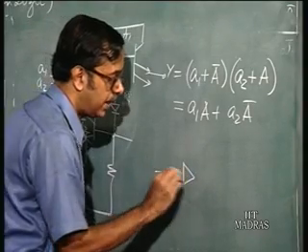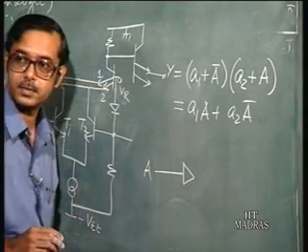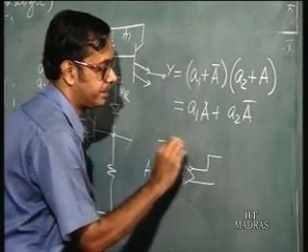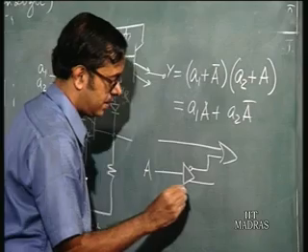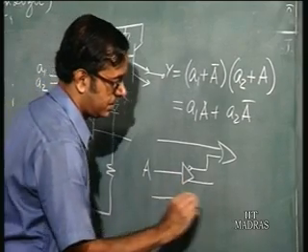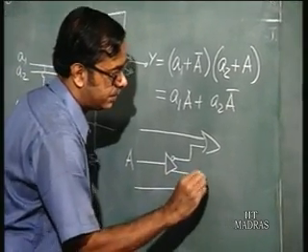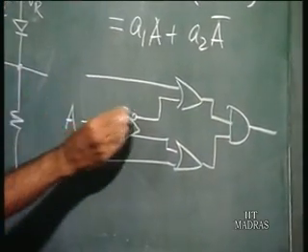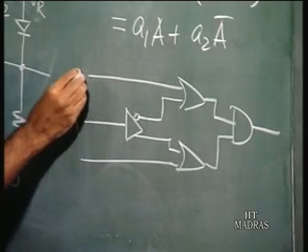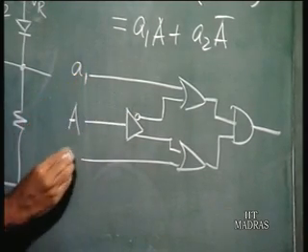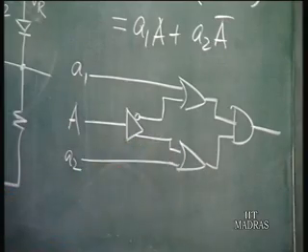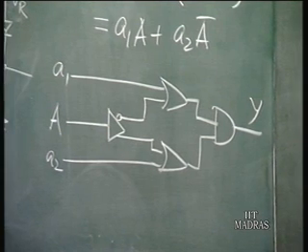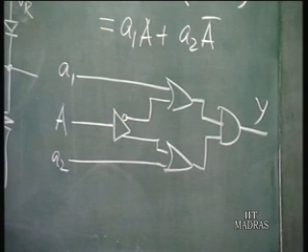What you get is, you have one input here, capital A, then you have two outputs here, two OR gates, so this is A bar or A1 and this is A or A2, and an AND gate. So, this is Y. So, this is what is achieved in this circuit, all right.